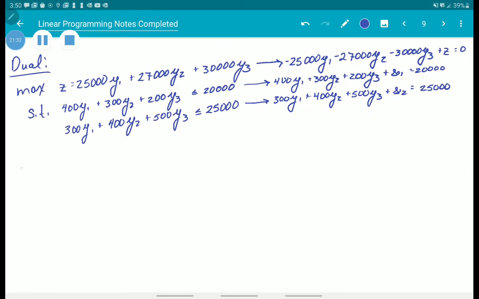So let's set up our table. We have y1, y2, y3, s1, s2, and z. Make sure you watch your zeros there. That is 20,000 on the end. These numbers are kind of big.